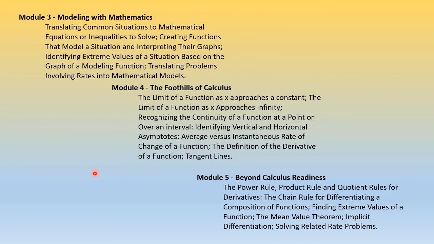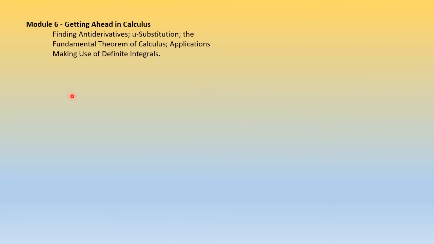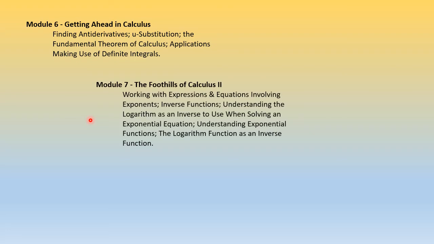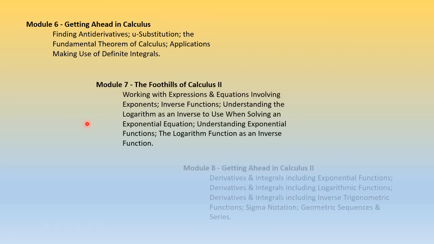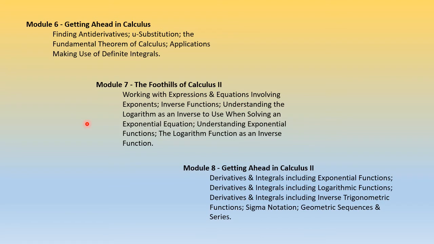Those students who are withdrawing from 72 will probably start back with a little trig and move right into some aspects of Module 4 and Module 5, and will complete Module 6, and that will make you ready for Calc 2 with extra material available in Module 7 and 8. So again, we have a lot of material in the CAMCLE program, and we will find the right place and the right path for you.